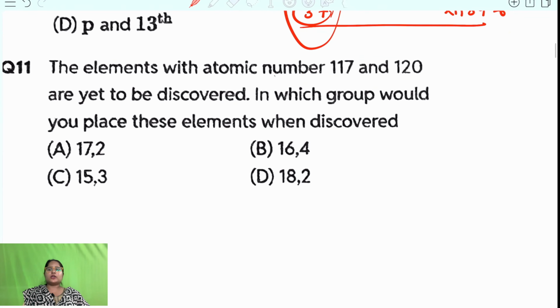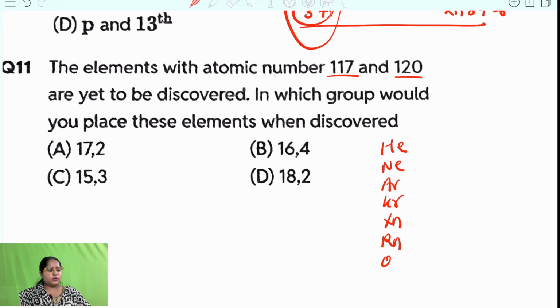Now let us see question number 11. The elements with atomic numbers 117 and 120 are yet to be discovered. In which group would you place these elements when discovered? Writing again quickly: helium, neon, argon, krypton, xenon, radon, Og. Og is 118.